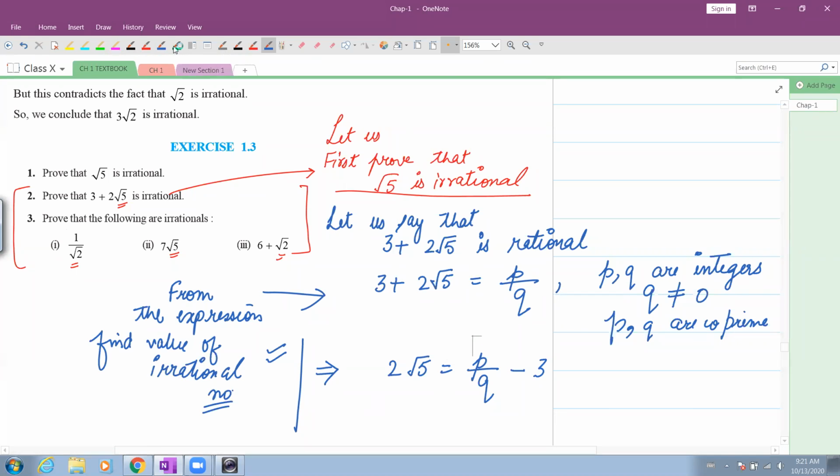So I have transposed 3 from the left hand side to the right hand side, and now I'm going to transpose this 2 to the right hand side. So root 5 will be equal to half of P by Q minus 3.